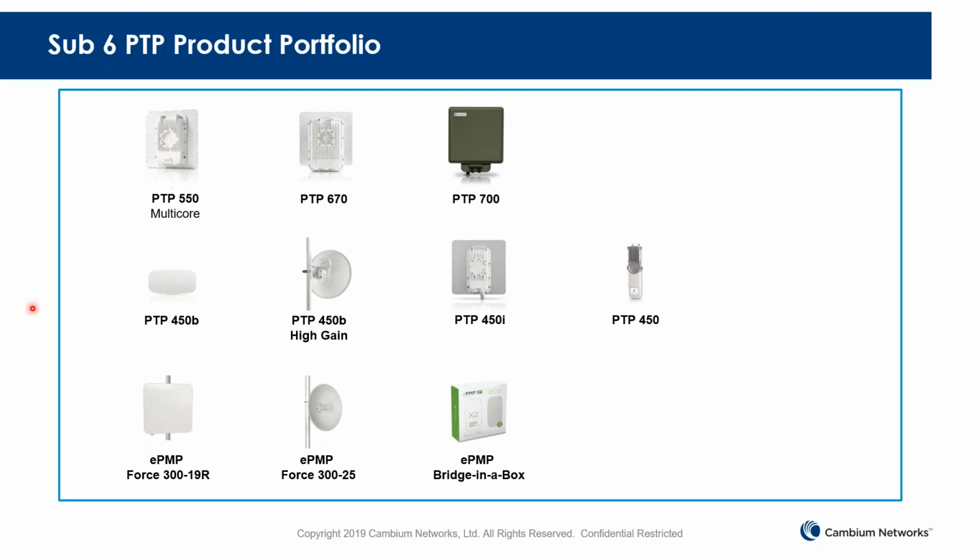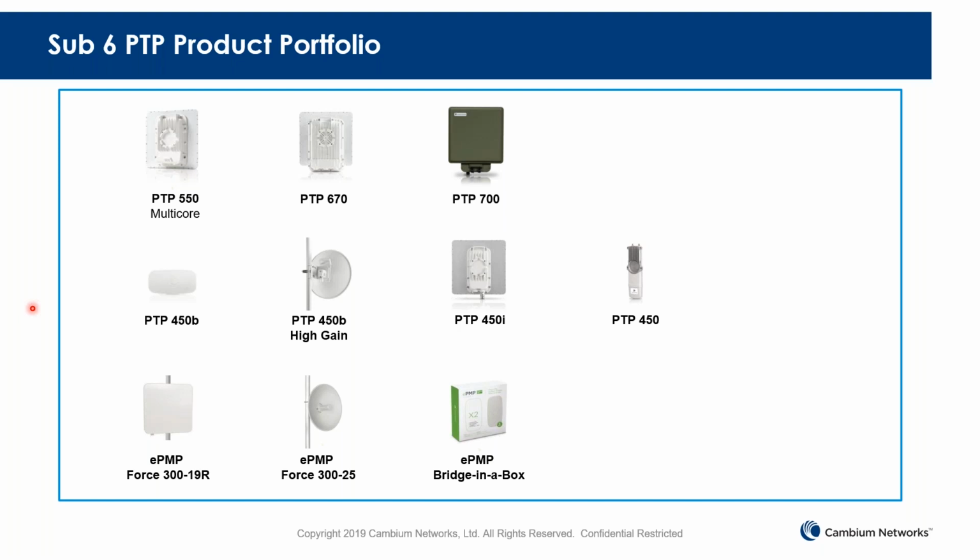Generally speaking, for people using dual pole, you're using another vertical. For our PTP 670, we do MIMO, so we always prefer you go with dual pole, because if you do a single pole, you literally lose half of the capacity.